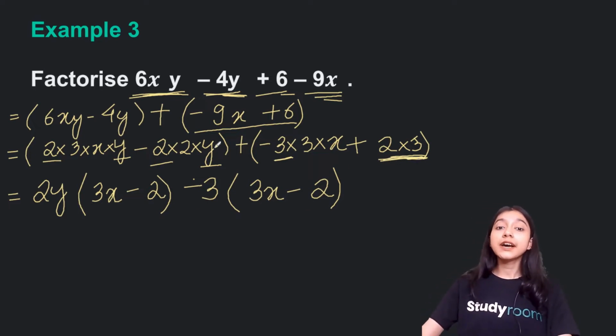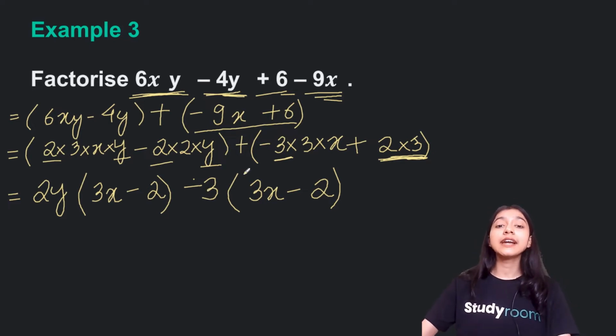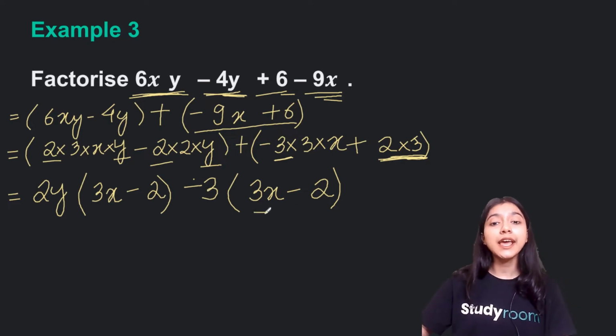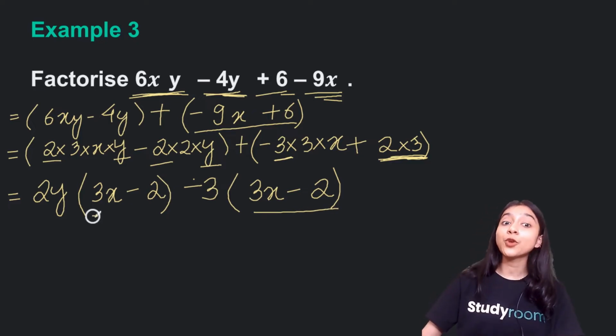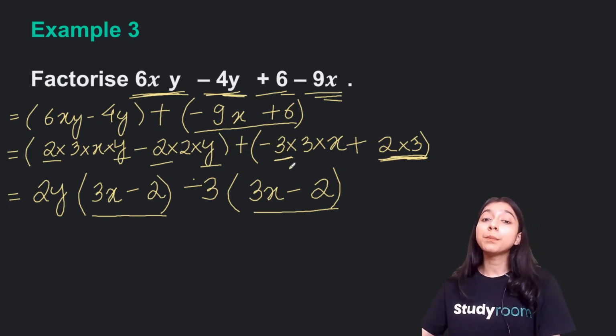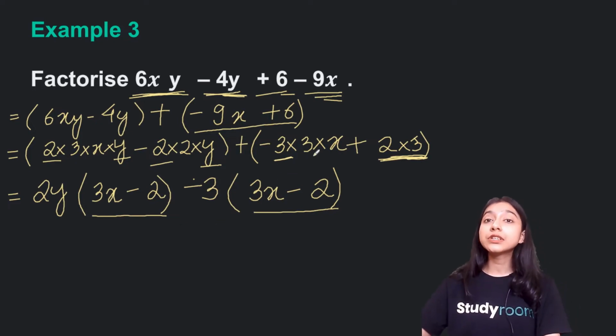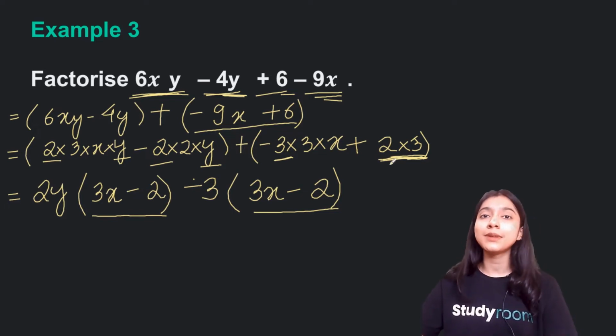Now the reason why I took minus 3 outside is that when I took minus 3 outside, I got within the bracket 3x minus 2, which is equal to the term that we got within the bracket from the first term, that is 3x minus 2. So this is the reason why I took minus 3 outside. So we were left with 3x from the first term, and when minus 3 is taken outside from the second term, we are left with minus 2, because minus 3 multiplied with minus 2 gives us plus 6.